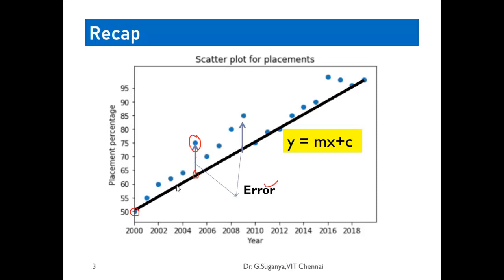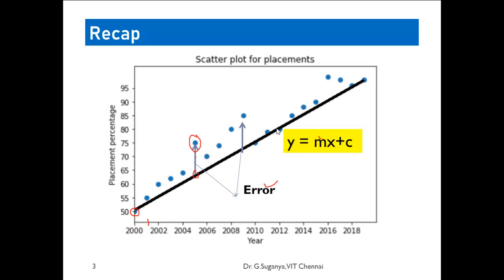And what is slope? When you increase by 1 unit, here the unit is a year, it is 1, right? 2000 to 2001. When you increase from 2000 to 2001, how much is the difference in the y direction? dy by dx. The impact of the difference in x on the difference in y is defined by this m.